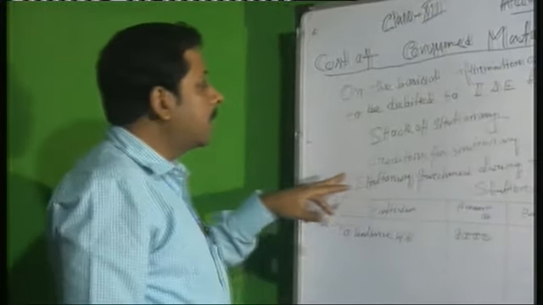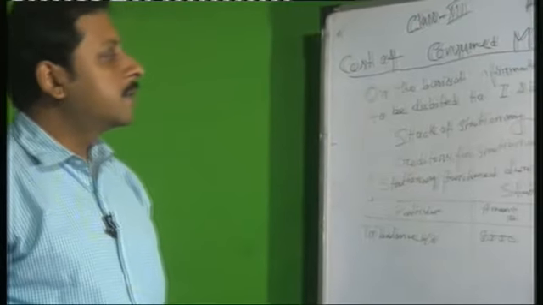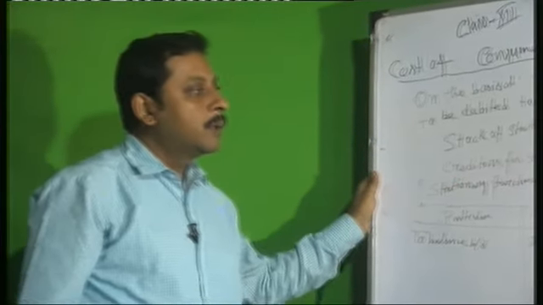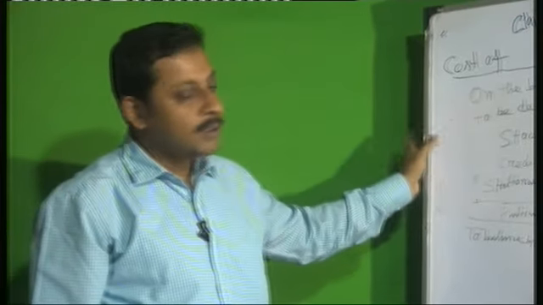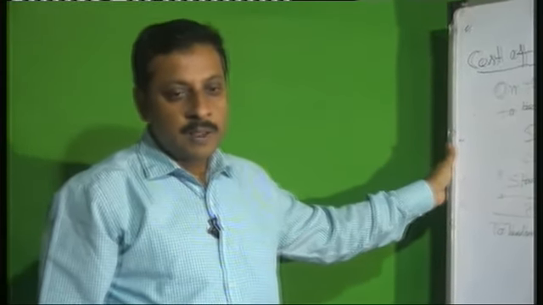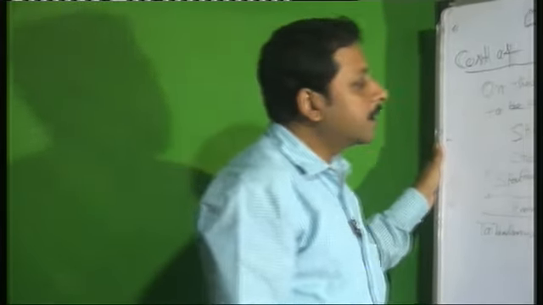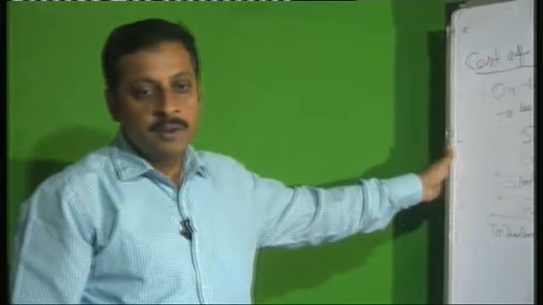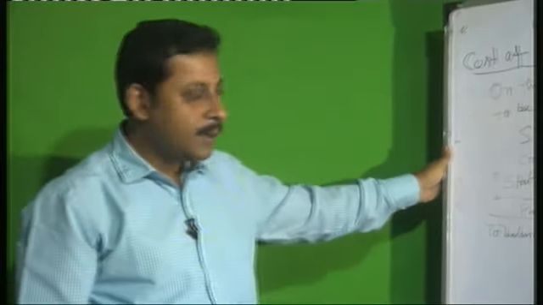We assume the purchase is made on credit, because creditors is given. Unless it clearly says there is a cash purchase, we do not assume it is a cash purchase. It is always a credit purchase.